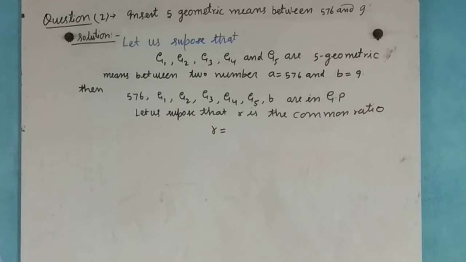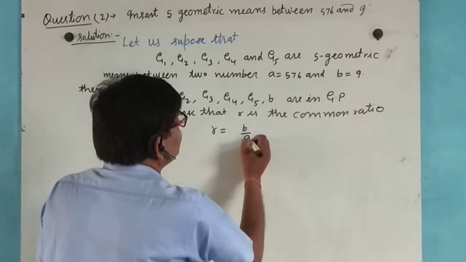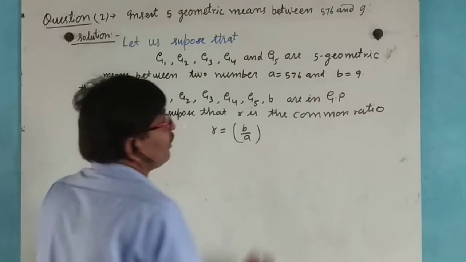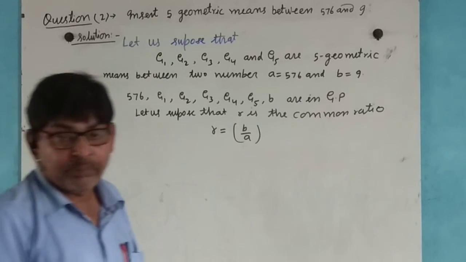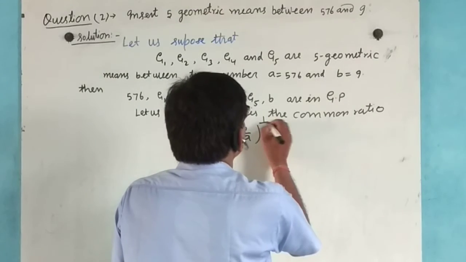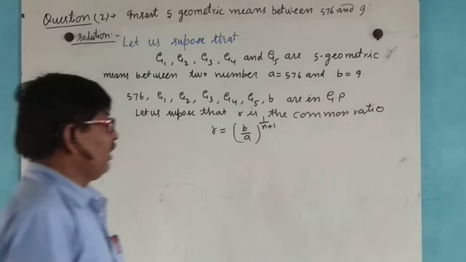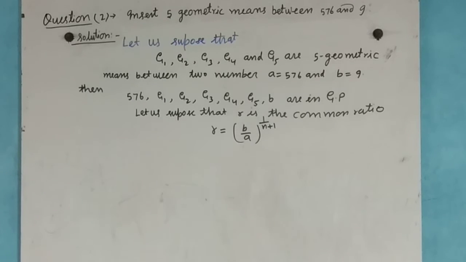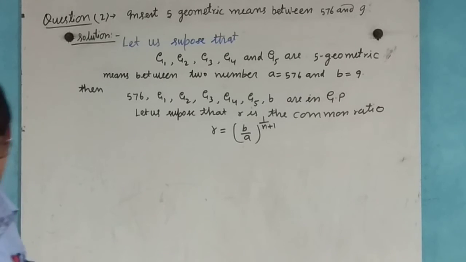R equal to B by A to the power 1 by n plus 1.